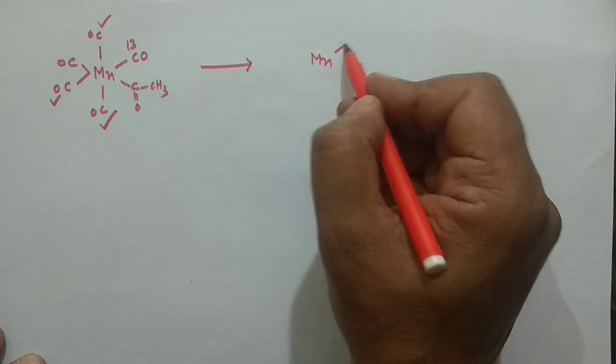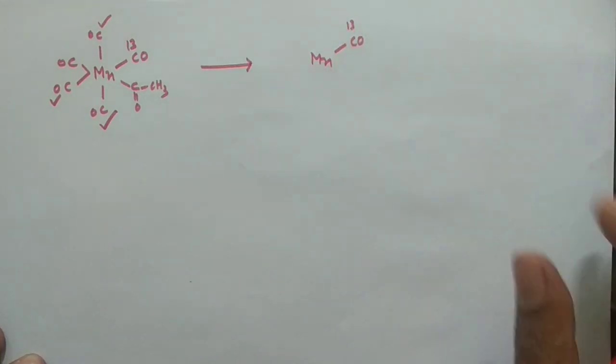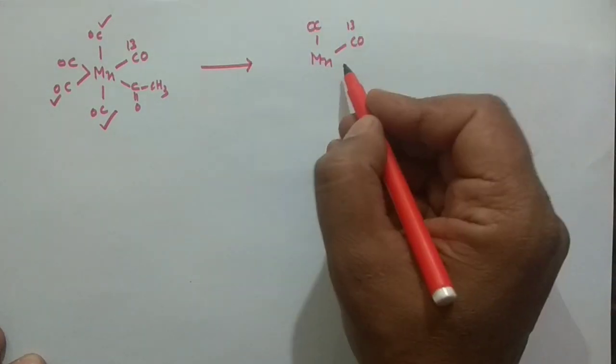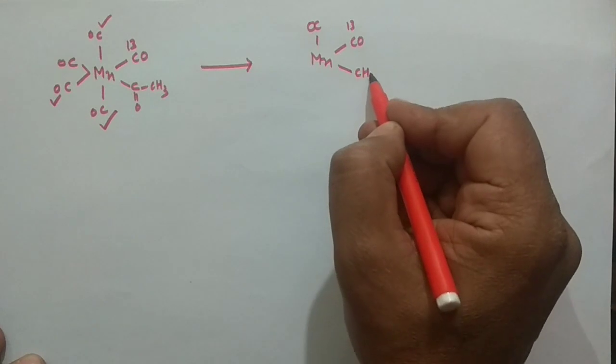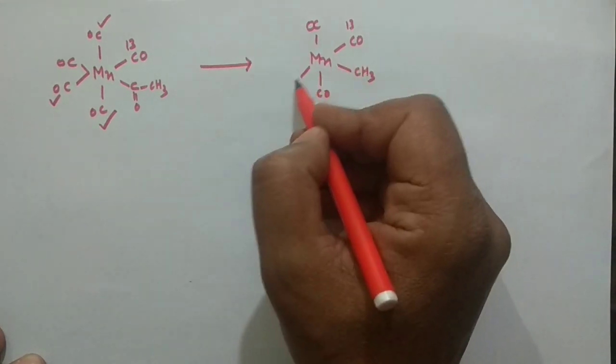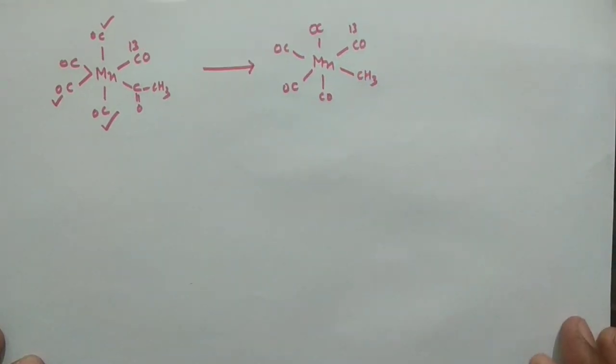Mn, CO labeled 13. Okay, and your CO is here, and this is your CH3, and this is CO, this is CO, and this is CO. So this is the product.